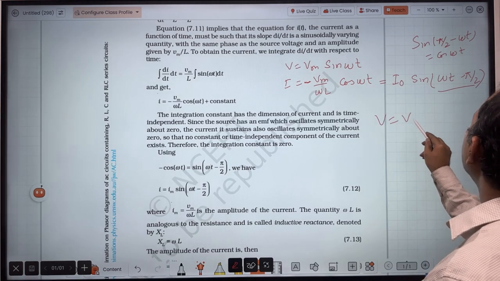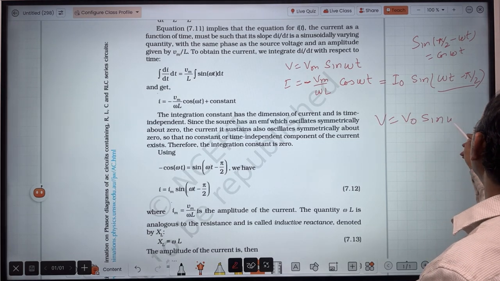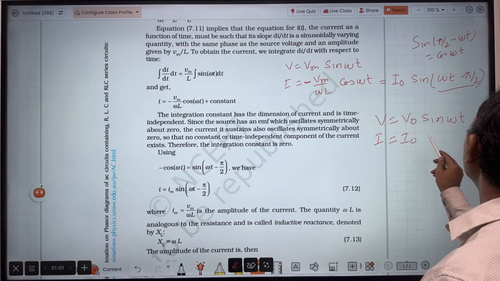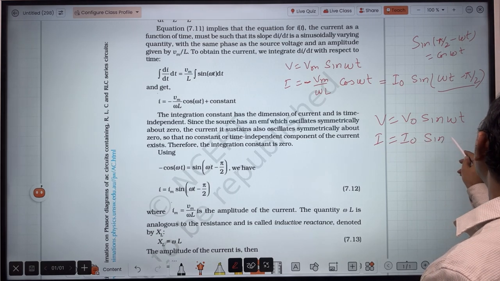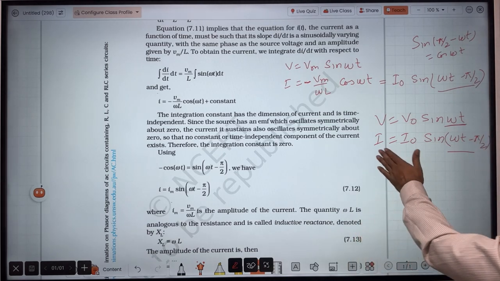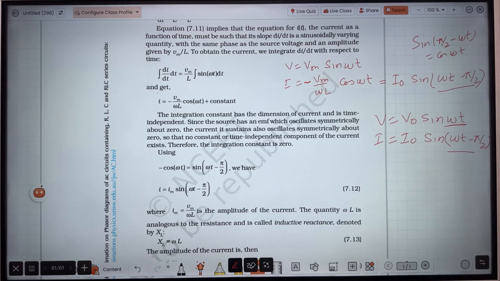So V equal to V0 sine omega t, and I equal to I0 sine of omega t minus pi by 2. So what do you observe here? It can be clearly said that current lags voltage by pi by 2.